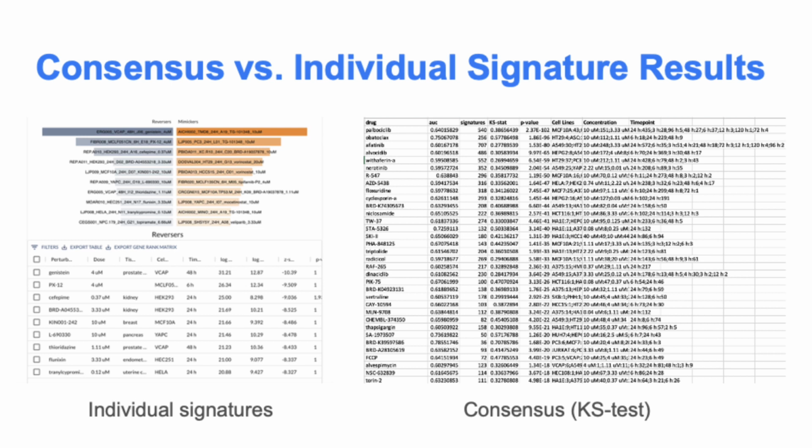So this is going to be potentially replaced by this consensus approach, or as an alternative to this, you can have this consensus approach that finds the AUC of the drug across all of the instances of it appearing in the results. And then there's going to be a p-value that is computed by the KS test and all of the conditions that were identified for that drug.